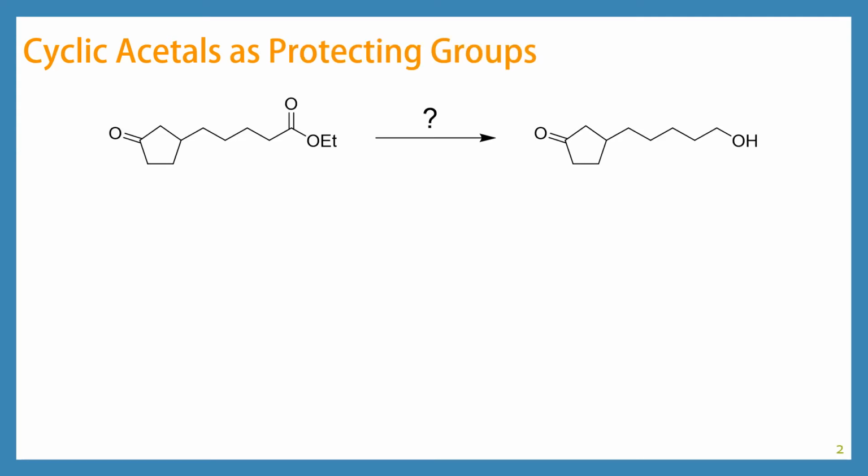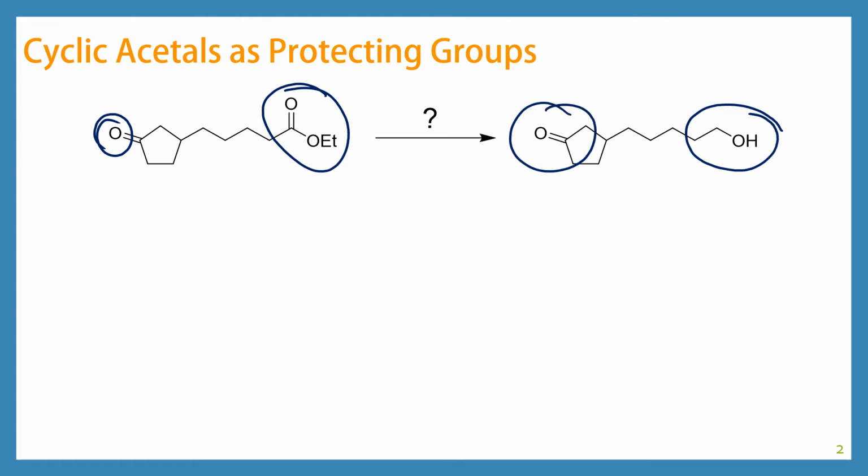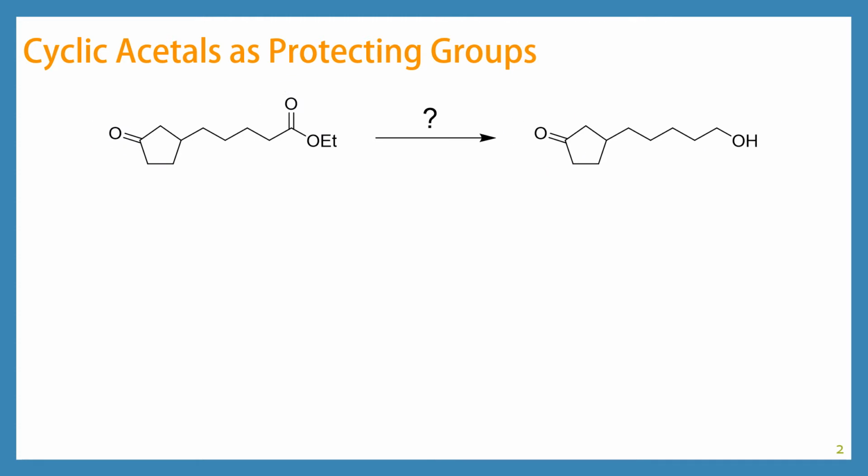So here's a perfect example. We have a ketone and an ester in the same molecule, and somehow we want to turn the ester into an alcohol without affecting the ketone. So the only way that we know to reduce an ester into a primary alcohol is using lithium aluminum hydride.